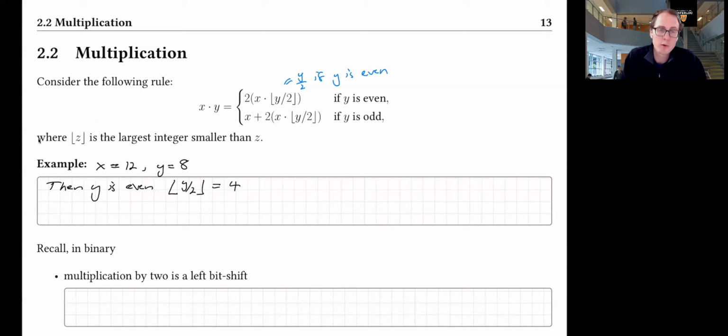Y over 2 is 4, and the floor of 4 is 4. The floor is the largest integer that's smaller than or equal to its argument.